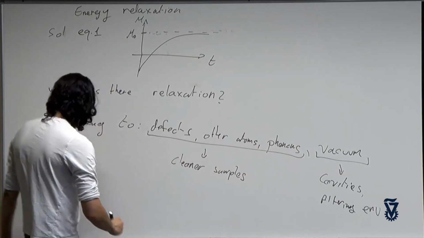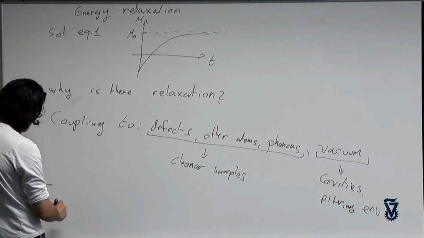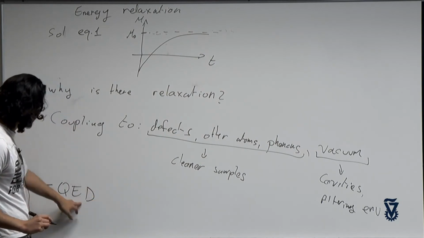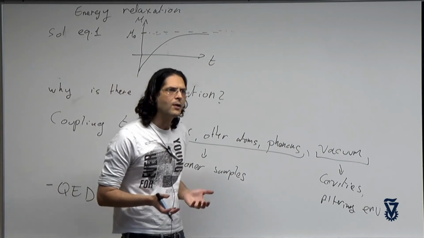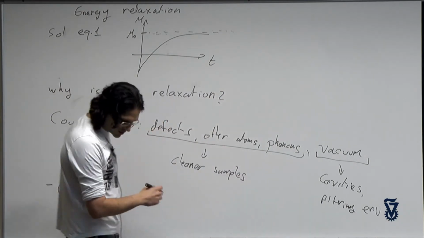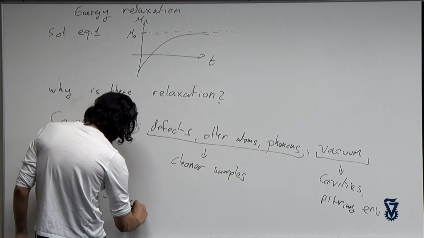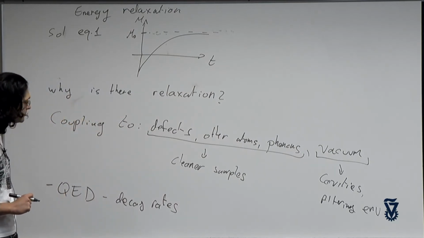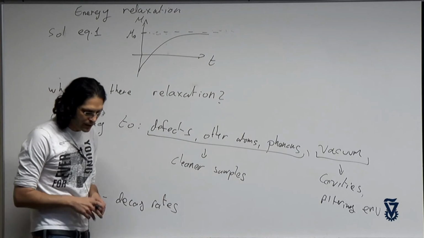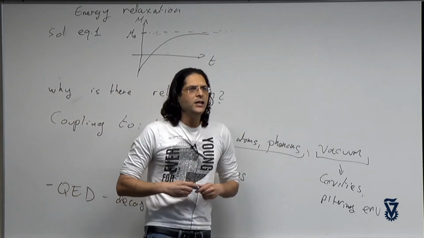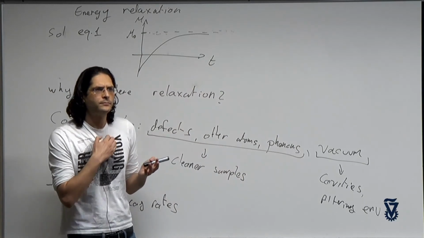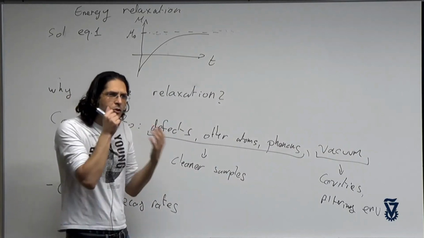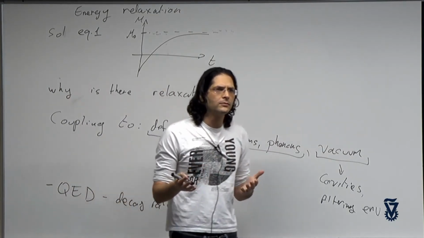And this relaxation time can actually be calculated pretty well. You can calculate the relaxation rate using the tool of QED, quantum electrodynamics. If you take into account the right things, you can get pretty good predictions for the decay rates. If you take this tool of QED and you assume what is called a Markovian environment, let's say a broadband density of states, and you do the calculation, you get the result you may have heard of, Fermi's golden rule.